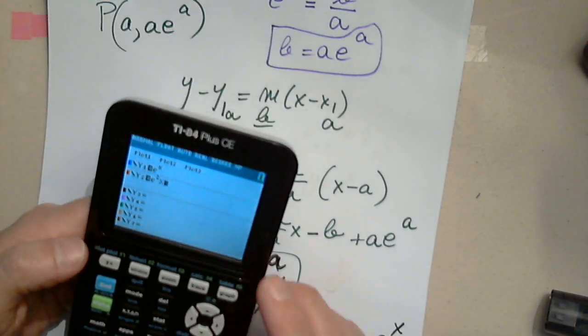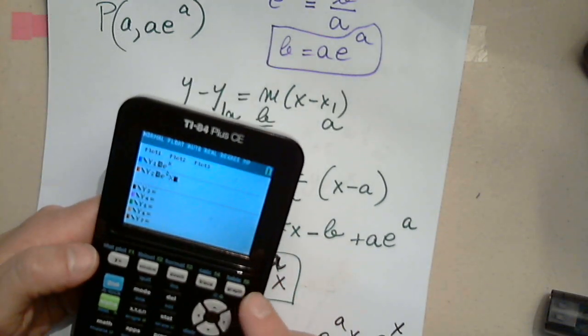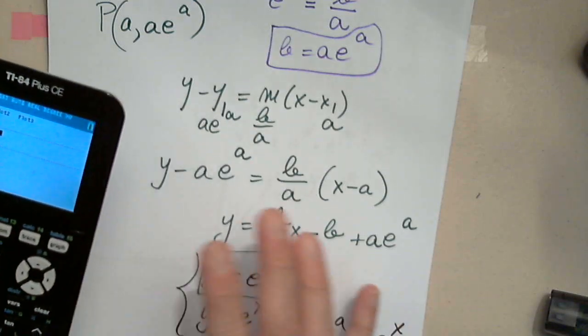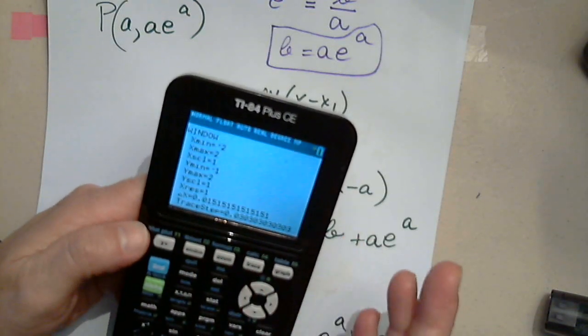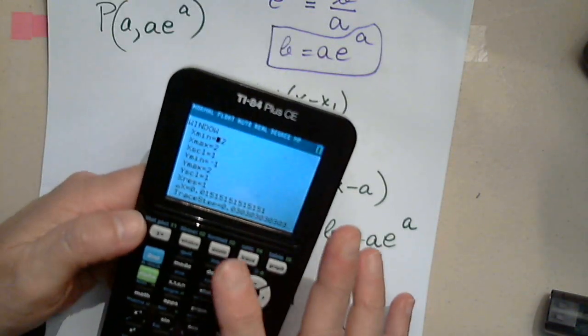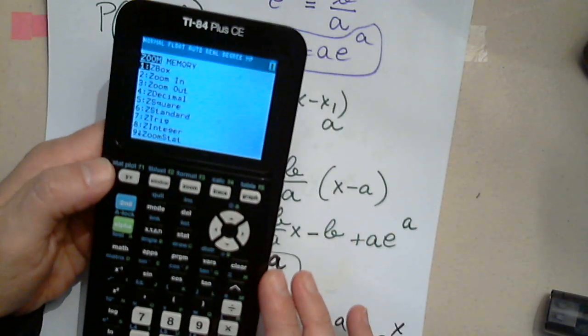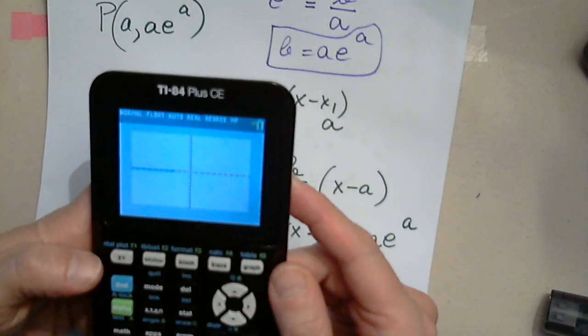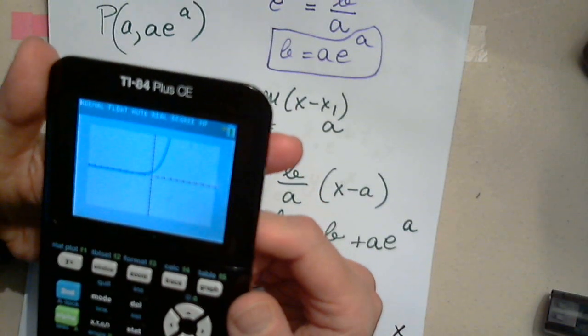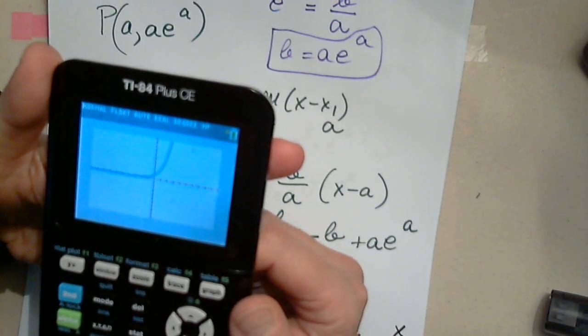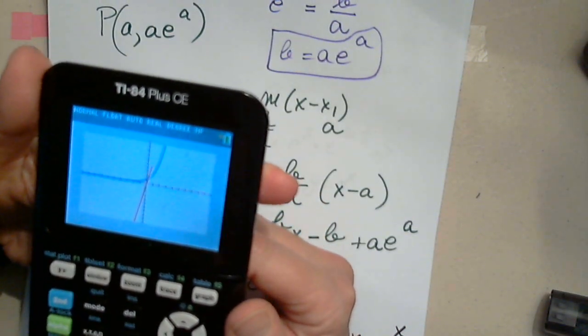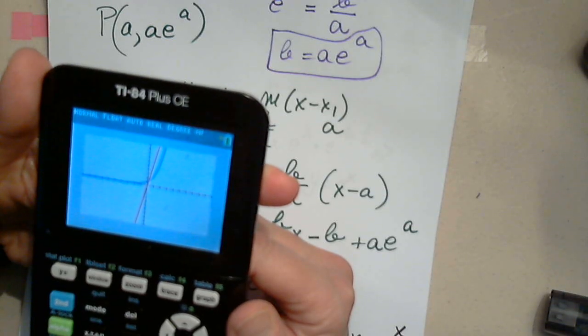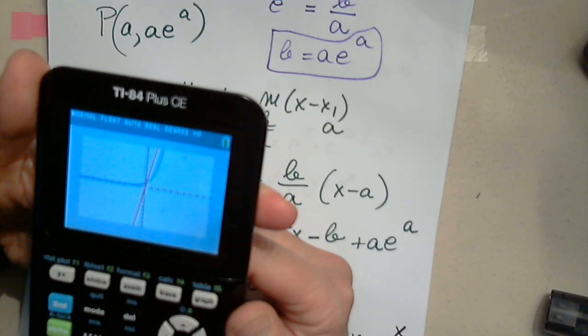Okay, and I'm going to graph both. Let's see, use a viewing window. I'm not sure where it's going to cross, so I'm going to use the standard window for a moment. Here comes e to the x, and here comes the tangent. It should, I don't like it.